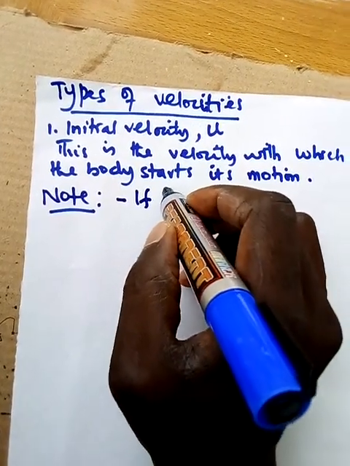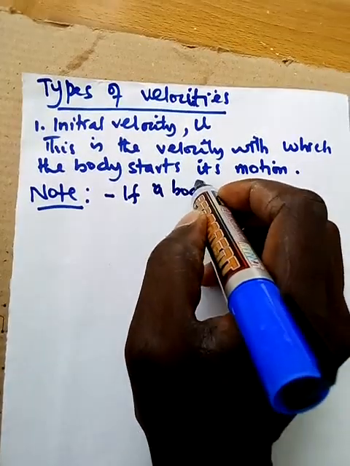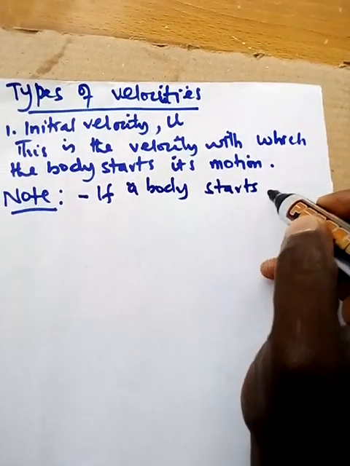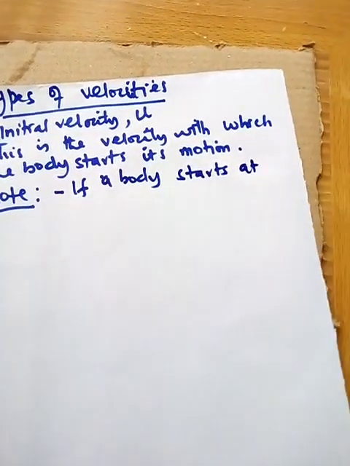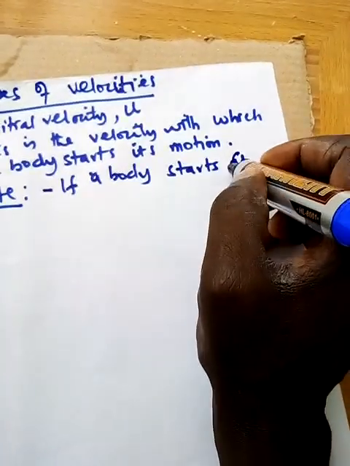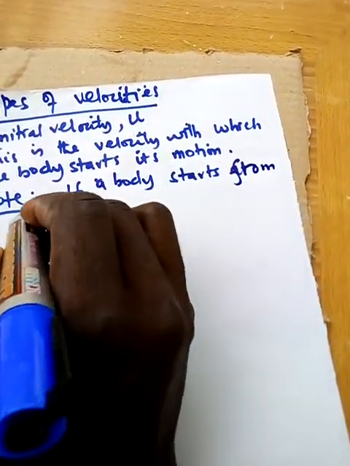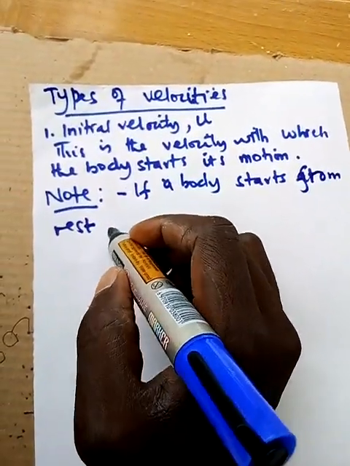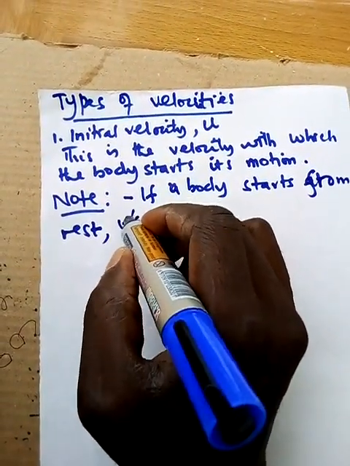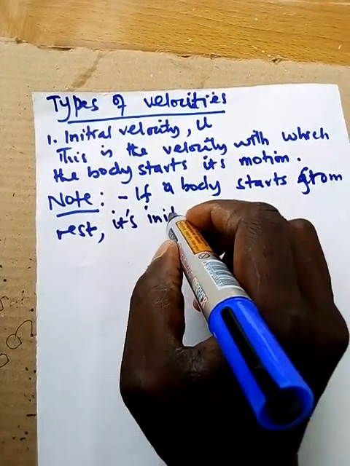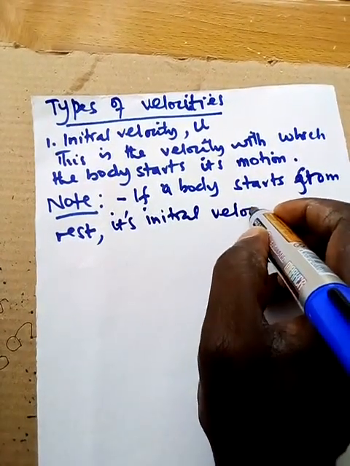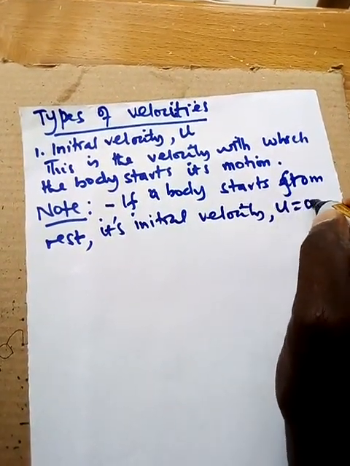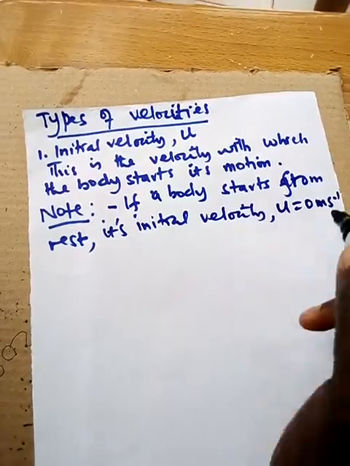One, if a body starts from rest, not at rest, starts from rest, its initial velocity u is equal to 0 meters per second.